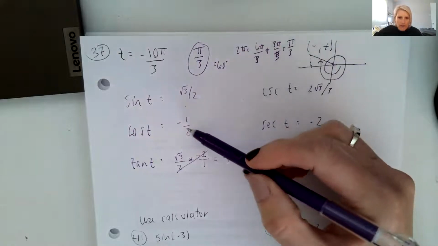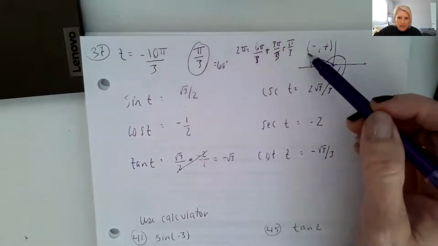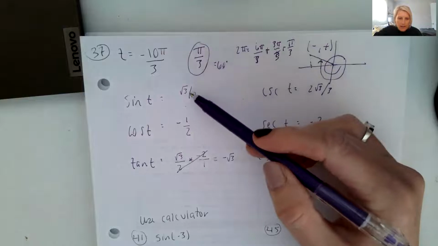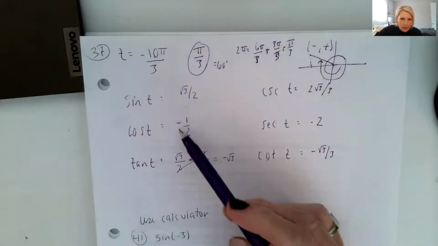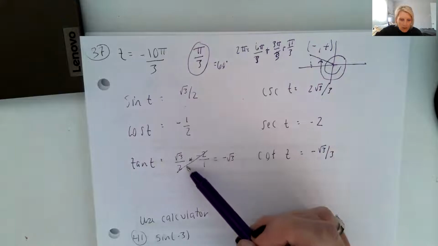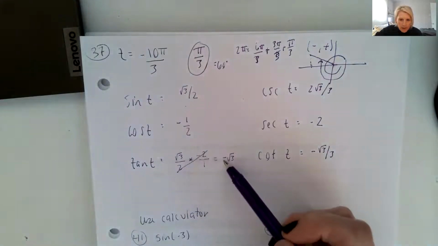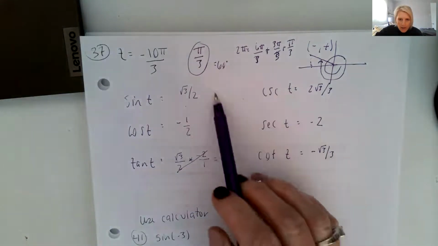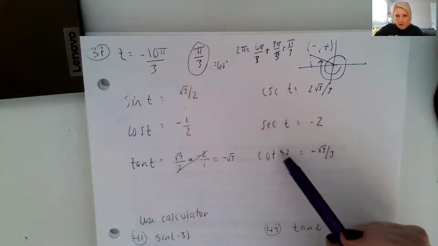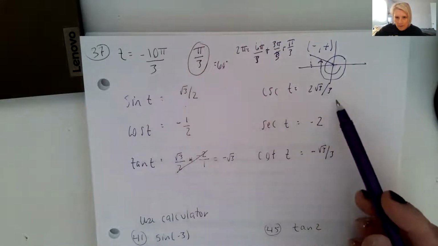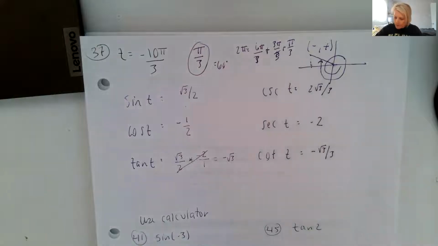Cosine is a negative 1/2, and it's negative because it's in the second quadrant, but sine is positive at square root of 3 over 2. Tangent is sine over cosine. And so when we do the multiplying by the reciprocal, we get a negative square root of 3. And then our reciprocals, cosecant, secant, and cotangent, are here on the right.